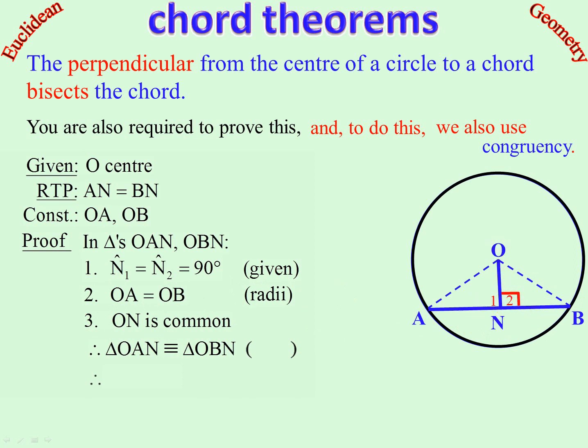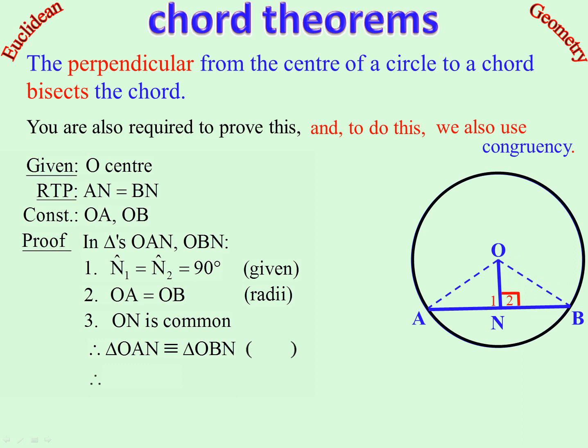Don't make the mistake. Sorry, I was going to make the mistake of thinking it's not right angle hypotenuse side, but in fact, in this case, it is. Because you see, we have side there, angle here, and side there.